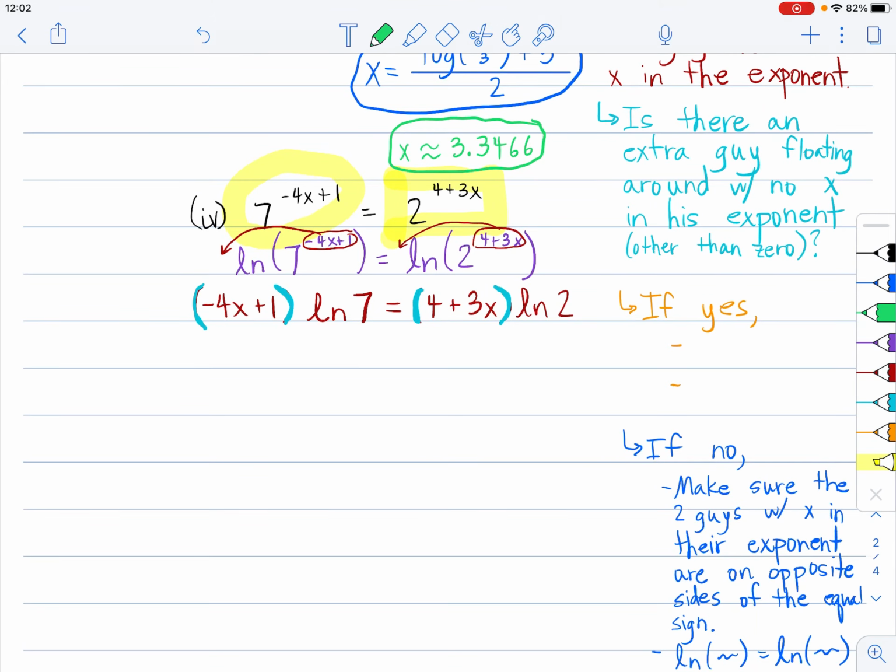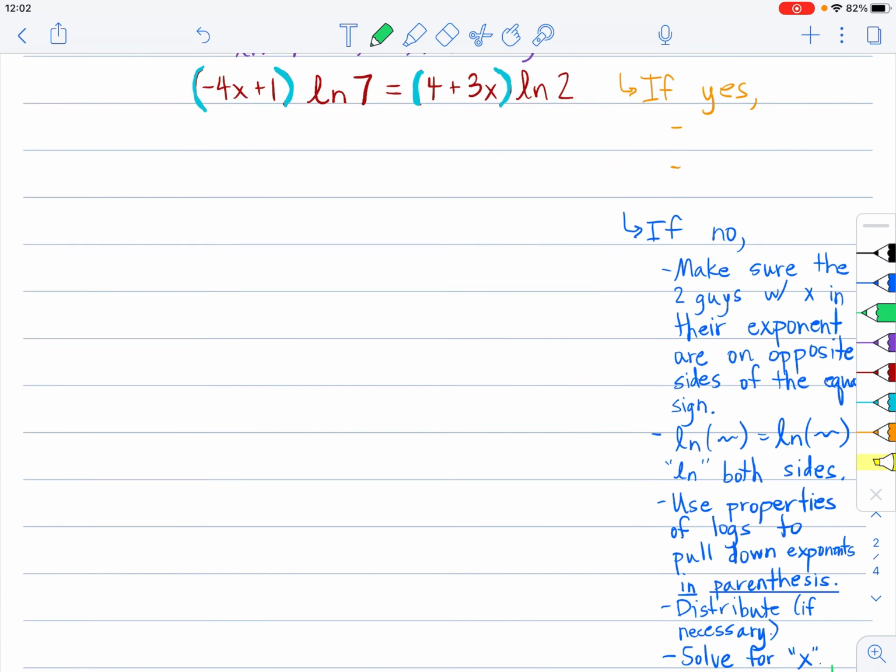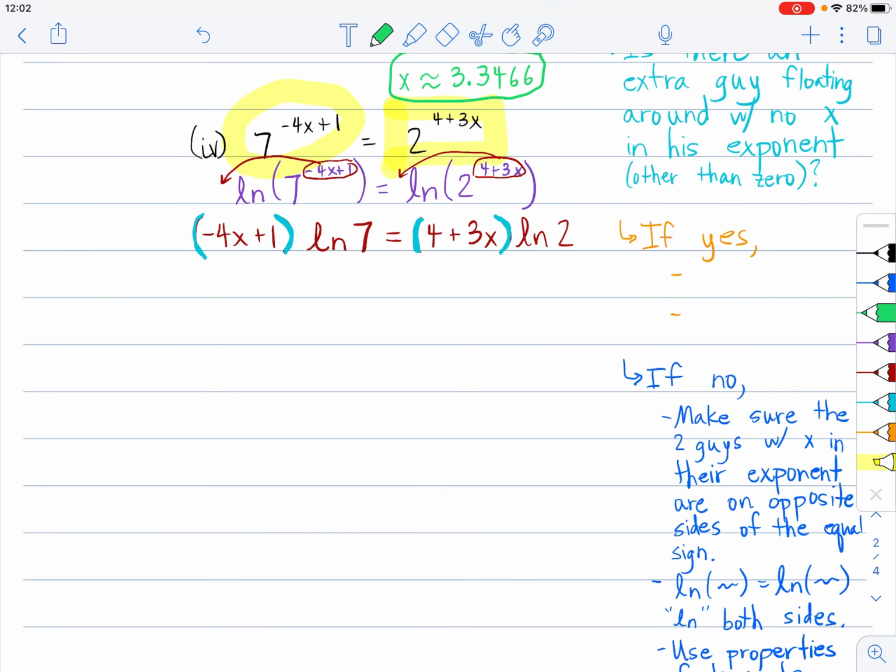So I'm more likely to put something like this on the test, especially because x is on one side, everyone else on the other, and factoring x out is a theme that we have seen quite a few times at this point this semester, and it's something you're going to have to know how to do in calculus. You're going to do it there for a different reason, but it is an algebraic technique that you need to know. So I am going to distribute my ln of 7 both places and my ln of 2 both places.